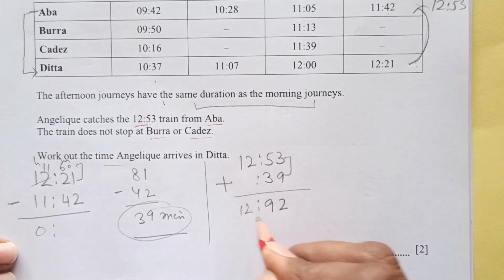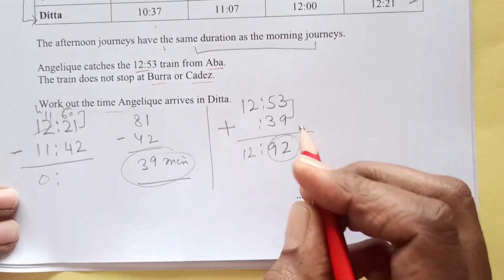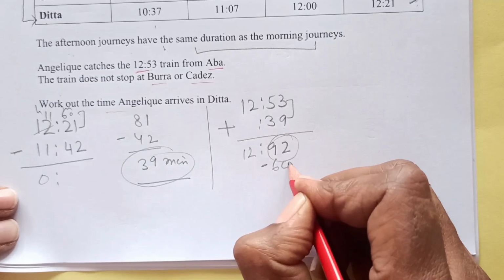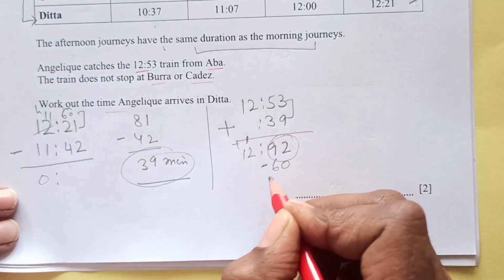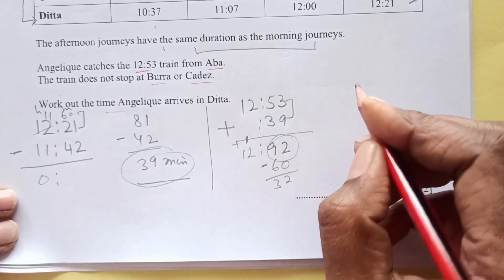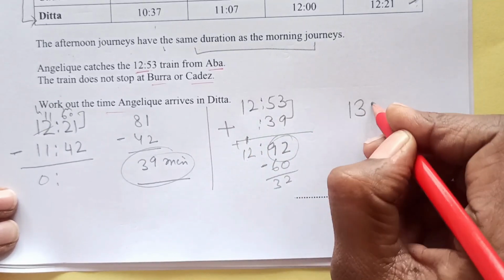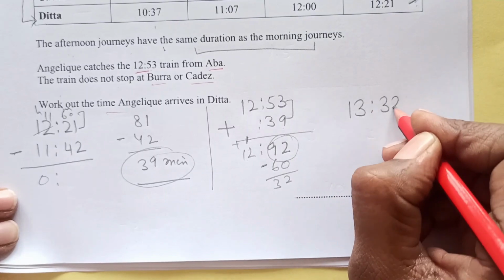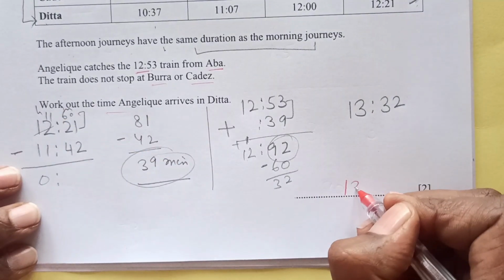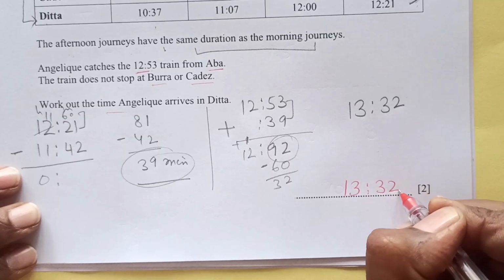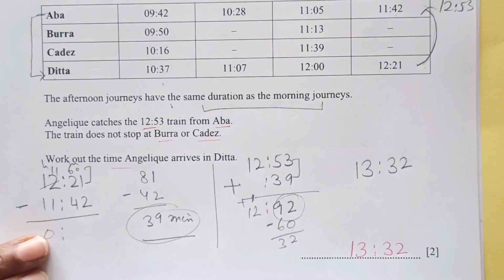So this is 1292, but this exceeds 60. So if I subtract 1 hour from here, so this 1 hour will go here, right? So this is 13:32. This is the time when he will reach at this station. 13:32. Okay.